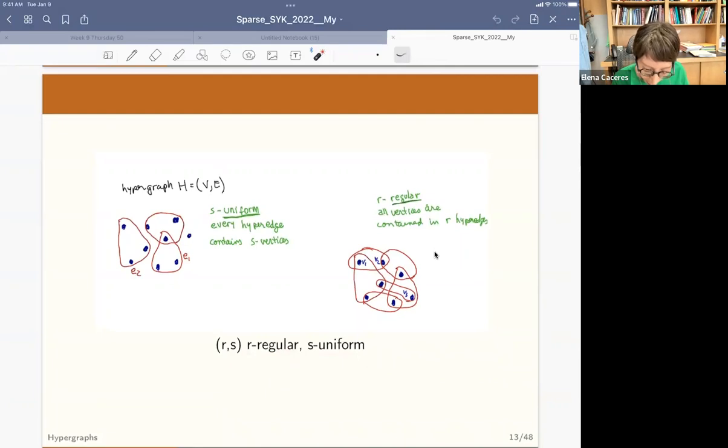The fact that it's uniform, as I said, just comes from the structure of our Hamiltonian: we always want terms that have 4 Majoranas. We don't want terms with 4 Majoranas and 8 Majoranas and different numbers, right? So they have to be uniform. Every hyperedge contains a certain number of vertices. The regularity is an additional constraint that is imposed. Okay, cool. So we want regular and uniform hypergraphs.